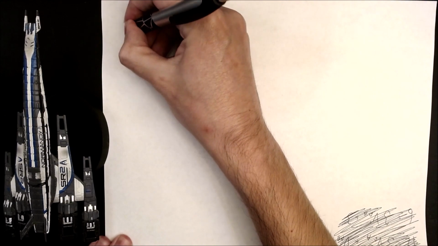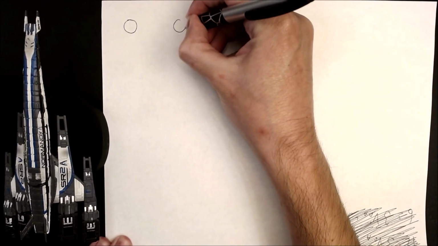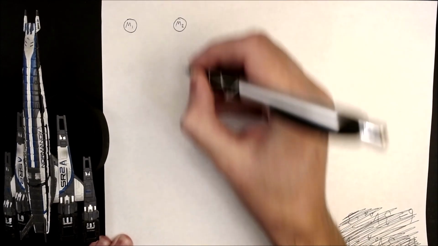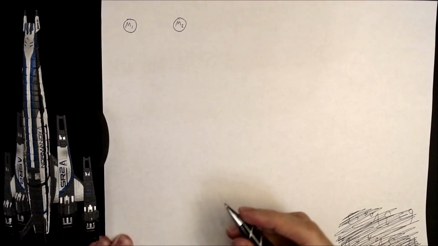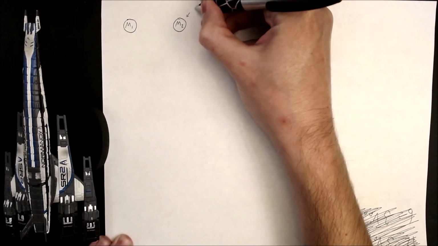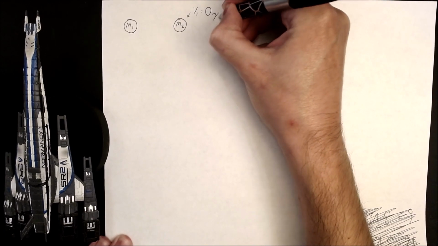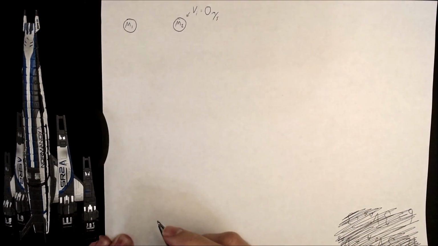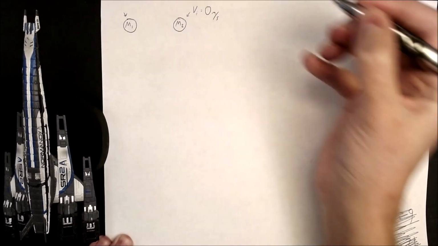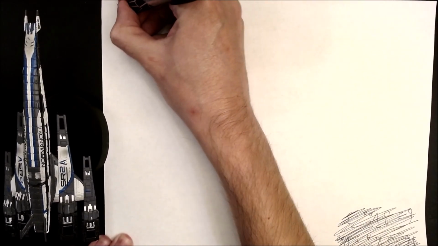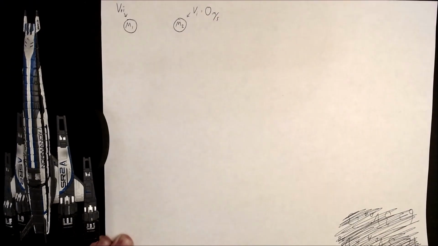First things first, let's do an example problem where we've got two masses, and I will label them as M1 and M2, and they collide. For M2, we're going to have V initial be 0 meters per second, but for M1, I'm going to let that just be V1 initial, and I'm not going to say what it is.